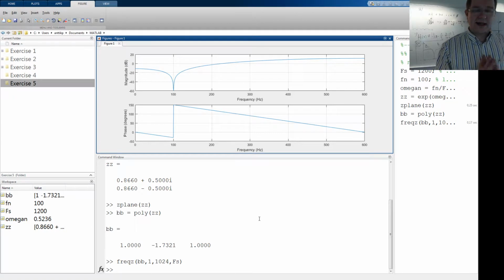All right, then let's take the design parameters for that, meaning the half width of the filter.